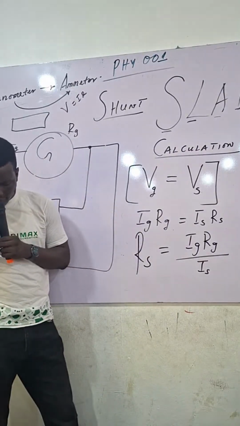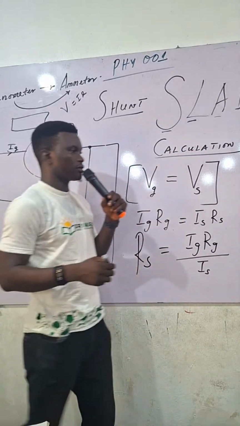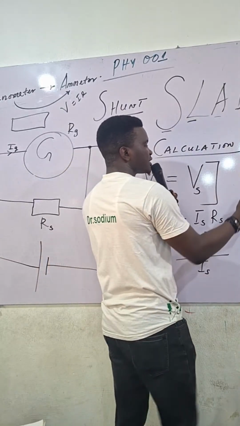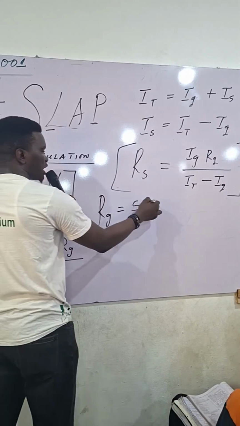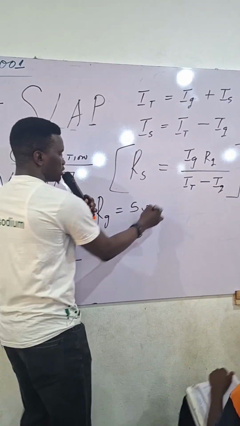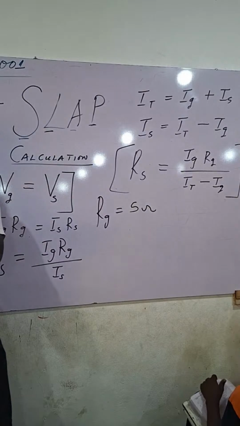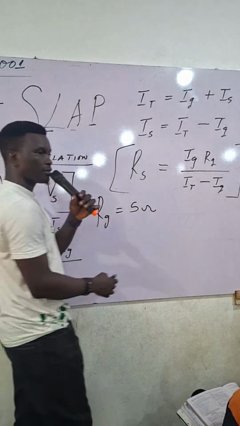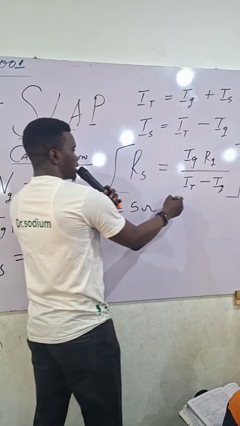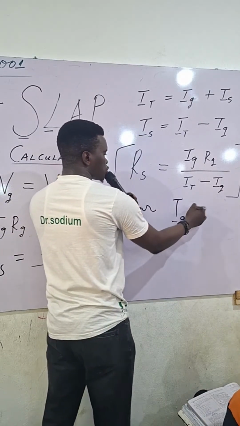So yeah, a galvanometer of resistance 5.0. So the resistance of the galvanometer is 5 ohms. It has a current that flows through it.